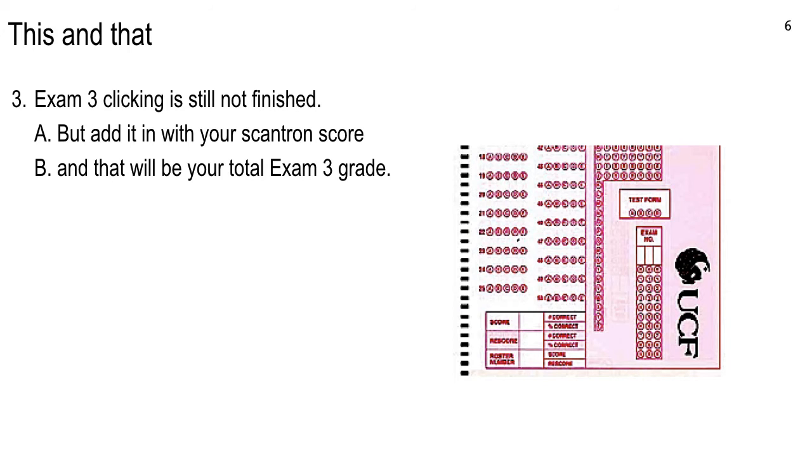The reason I do that is so that it gives you a little bit of extra horsepower in your grade that comes in at the end of the semester, after all 3 exams are done and after all the clicking is done. At the end of November, you'll know what part of 45 out of 45 you've got, and for many of you, it will be 45 out of 45.